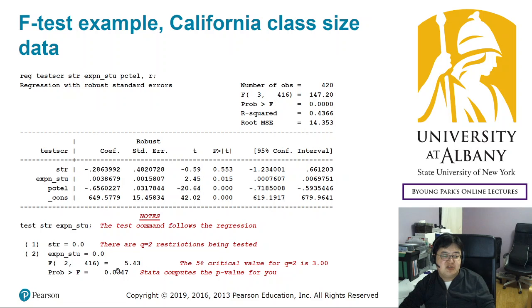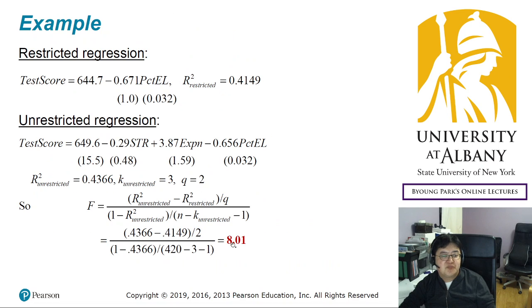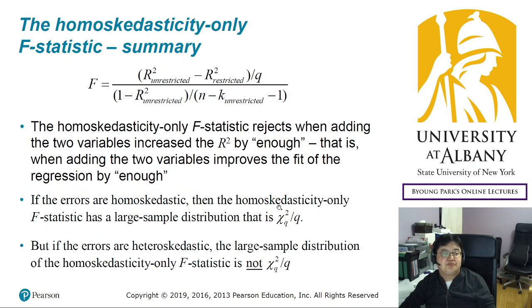That result is true even if homoscedasticity is wrong, but this one may be wrong if the homoscedasticity assumption is wrong. But it gives you another intuition about what we are looking for and what we are doing.